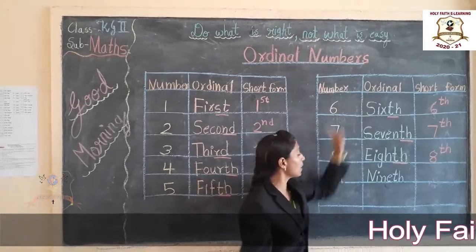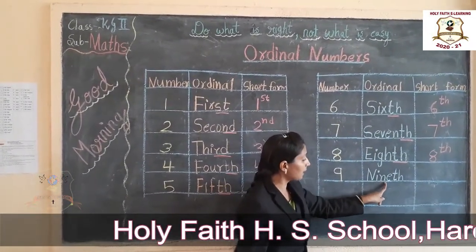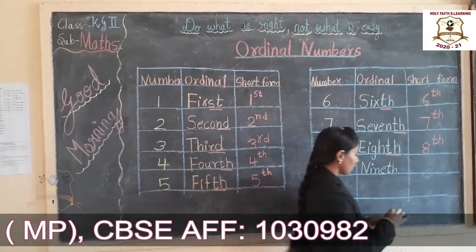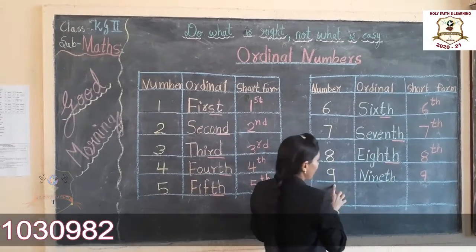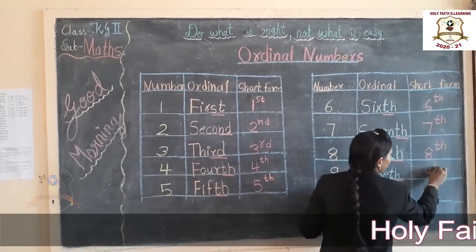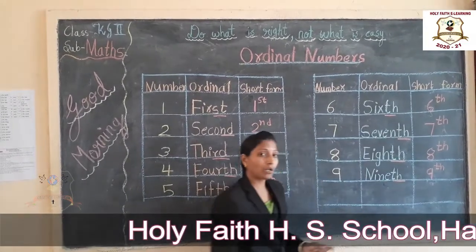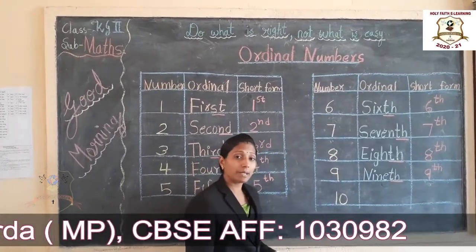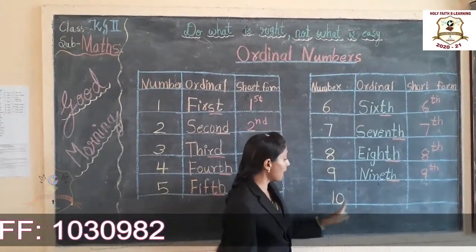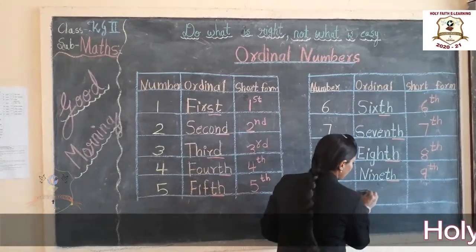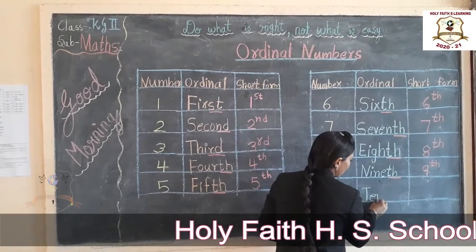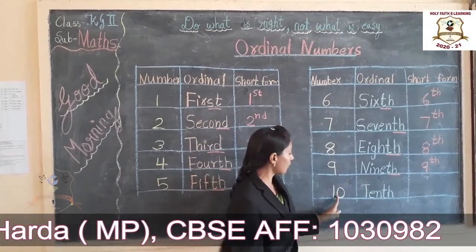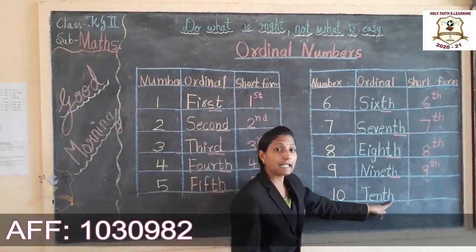Ninth. And then the ordinal number of 10 is T-E-N-T-H.